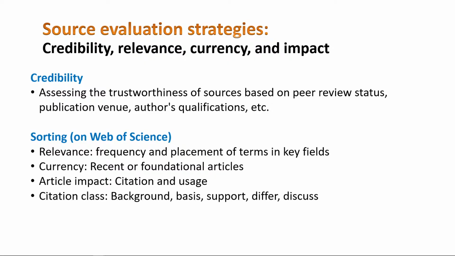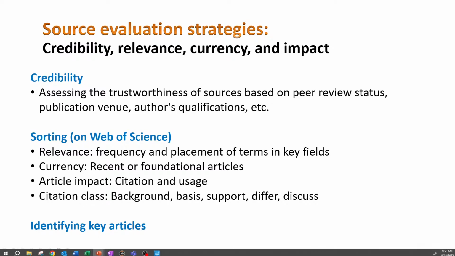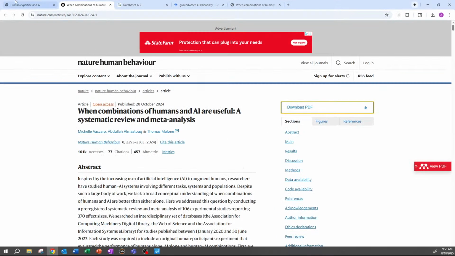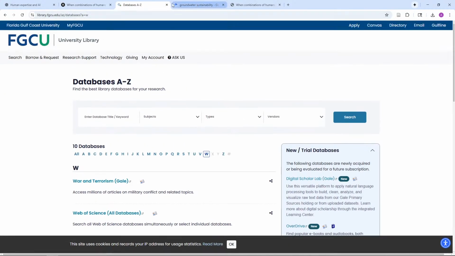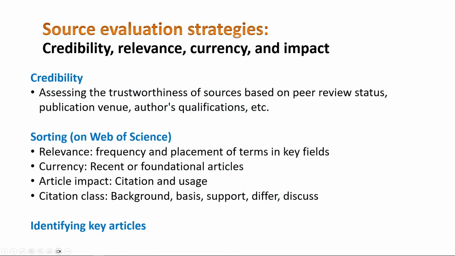We can sort by impact, the articles that are cited more. And the citation class, you can look at this detail. I think this is a new feature that Web of Science is providing. With this citation class, basically, I don't want to make this video too long, but you can try it.